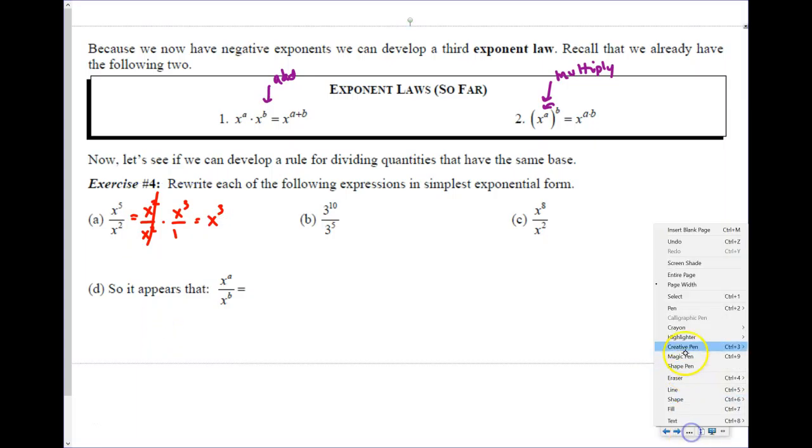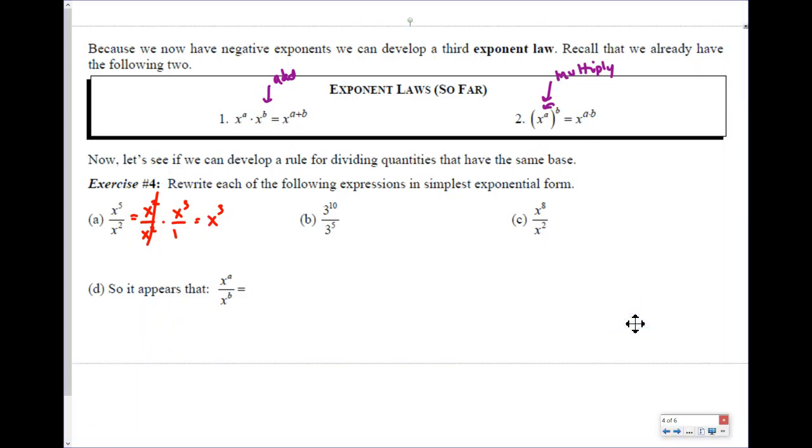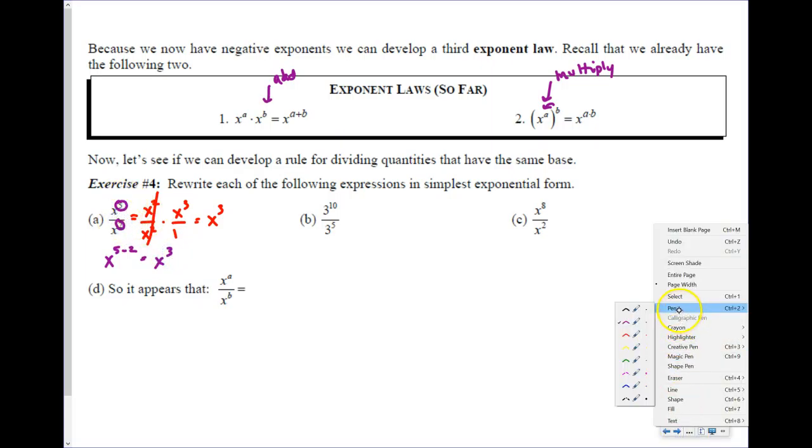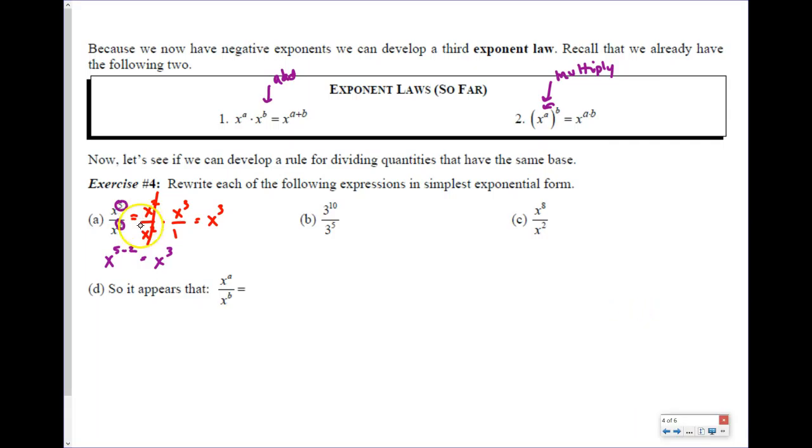However, notice that this is the same thing as saying x to the fifth divided by x squared is the same as saying x to the 5 minus 2 to give me x to the 3, because I have a 5 and a 2 here. Okay? So this concept, it appears that x to the a divided by x to the b is really x to the a minus b.